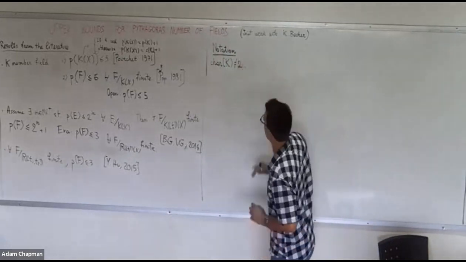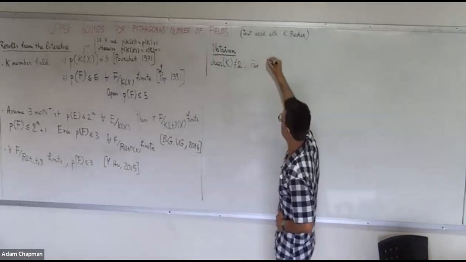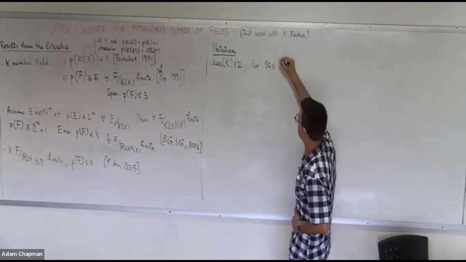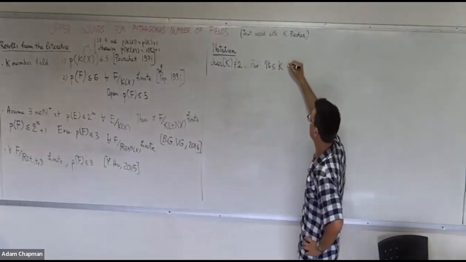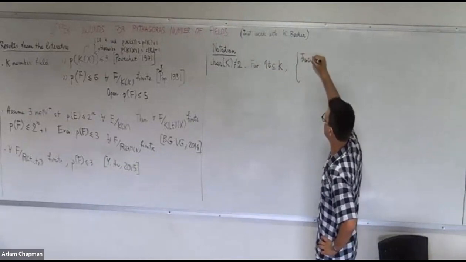For a subring H of K, I need a notation for the Jacobson radical ideal.